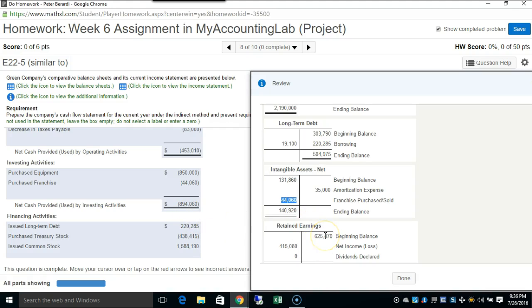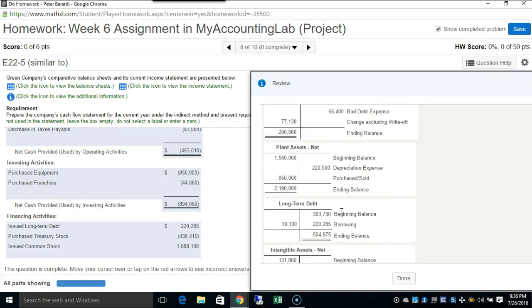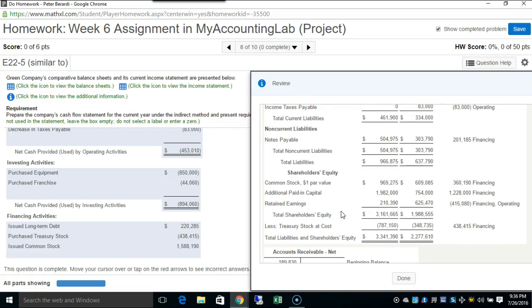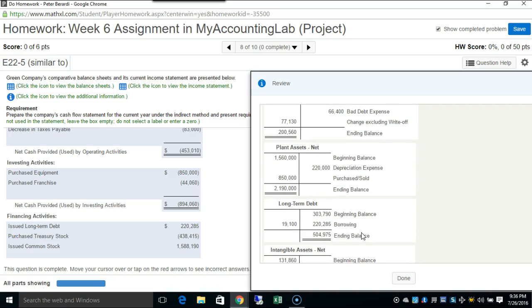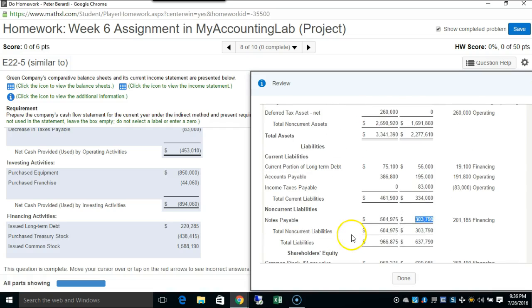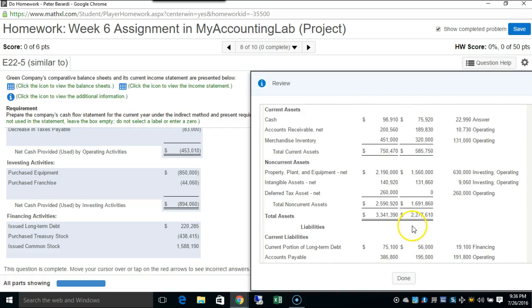Now, long-term debt. Long-term debt is going to be $220,000, and you're going to do that by doing the same thing. You're going to take your beginning balance right here, and you're going to take the difference in your current portion, which is the $19,100, that increased.